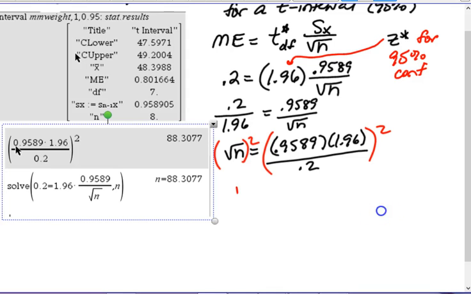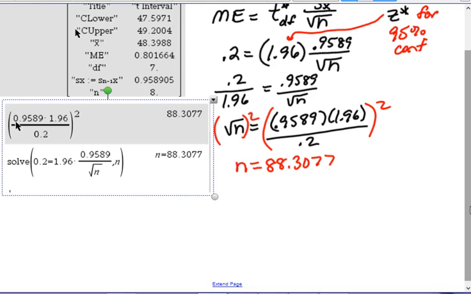So I end up with n equals 88.3077, but a sample size has to be a whole number, and specifically it needs to be rounded up to the next number. So I'm going to make n equal to 89.